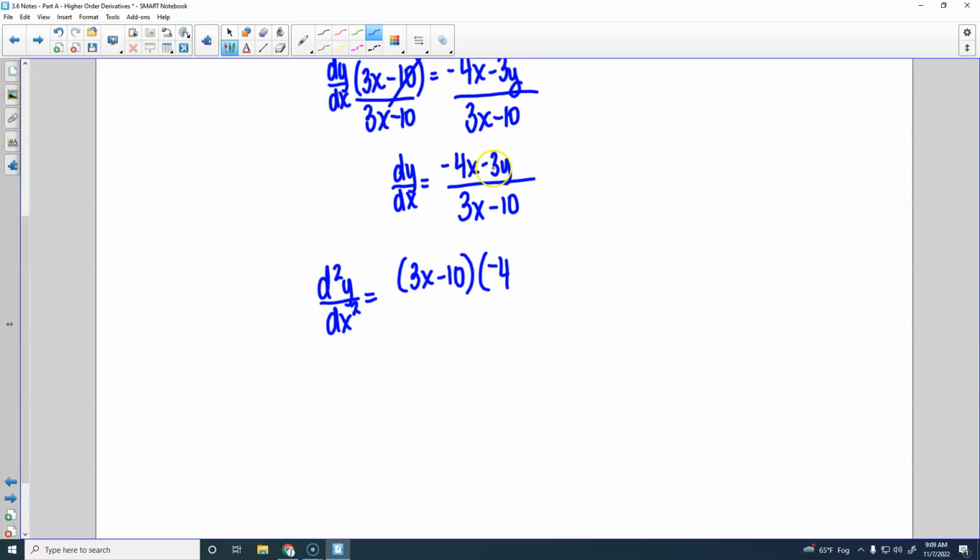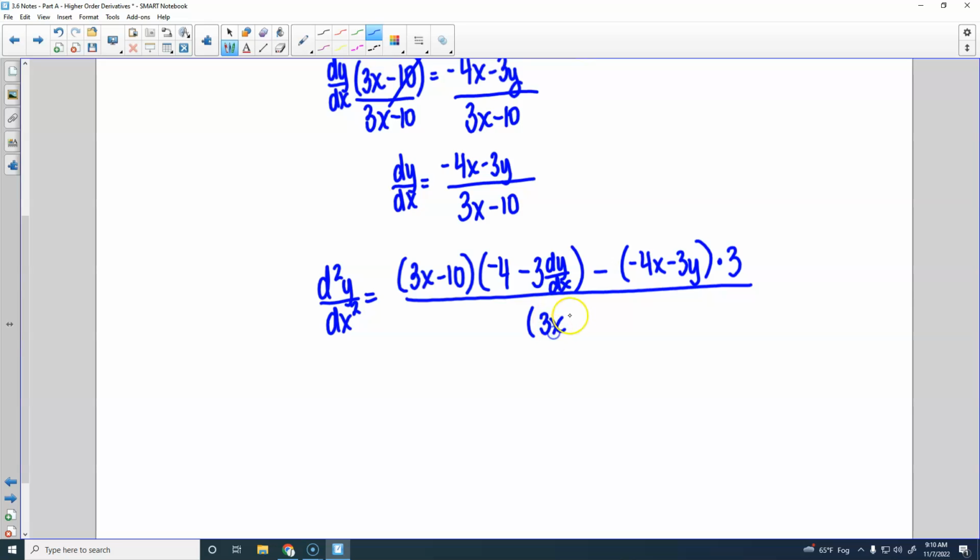The derivative of negative 3y will be negative 3 dy dx. So that's low d high. We got to do high, negative 4x minus 3y. Derivative of the low, this is just going to be 3, all over low squared.